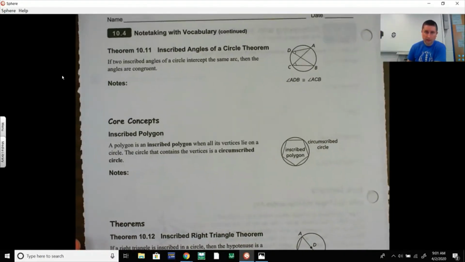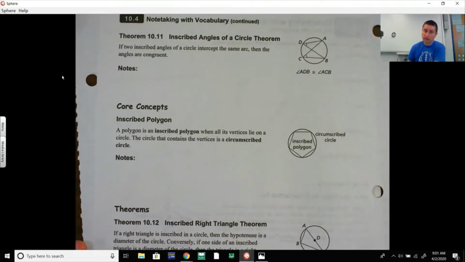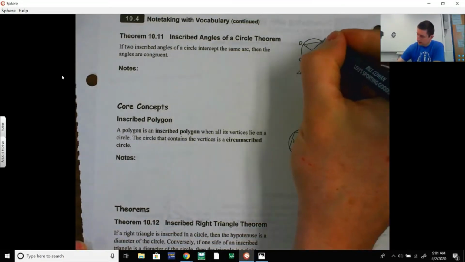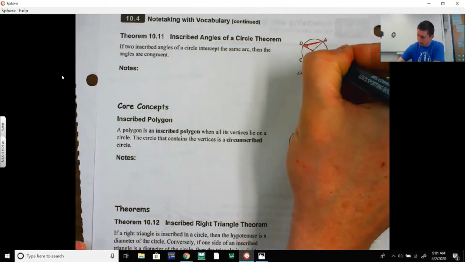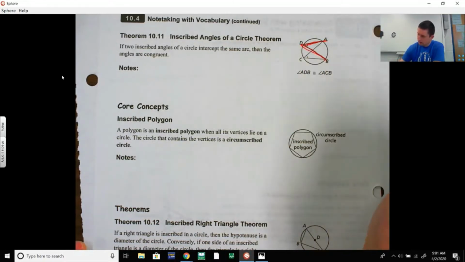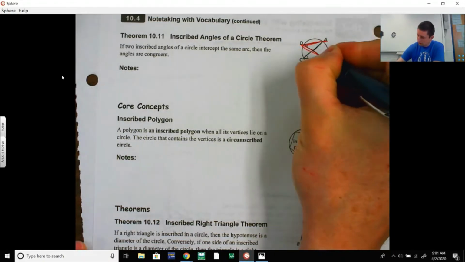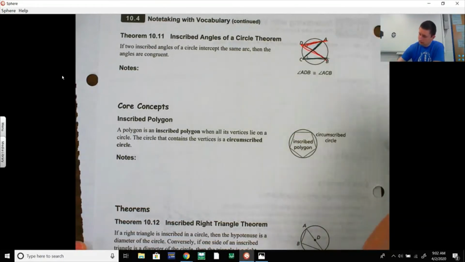Inscribed angles of a circle theorem. If two inscribed angles of a circle intercept the same arc, then the angles are congruent. So if we look at angle ADB, and then I have angle ACB, you see the two inscribed angles here, and they are both intercepting the arc AB.